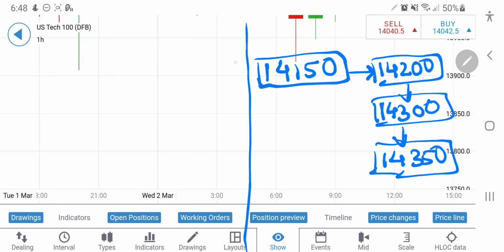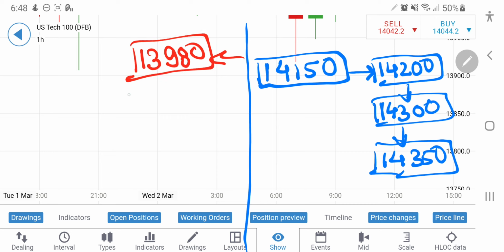Now let me give you the levels to go short. You can go short here at 13,980 levels. In between these 170 points, we have to be very cautious here. Let it take and decide a direction. Also, whenever you see these levels on charts, just wait for a minute or so, at least a couple of minutes.